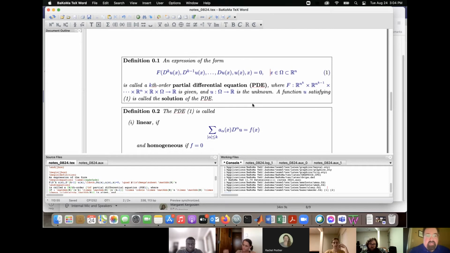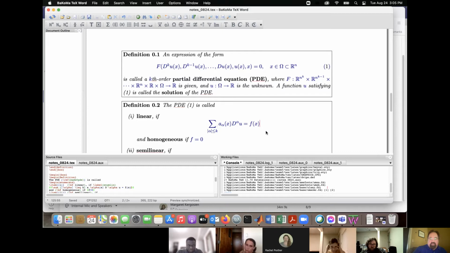For example, the PDEs that you usually deal with in classes like 517 or 606 most of the time are linear. So this would be the most general linear PDE that you can have. You can think of, if I were to rearrange this, this is equal to 0.